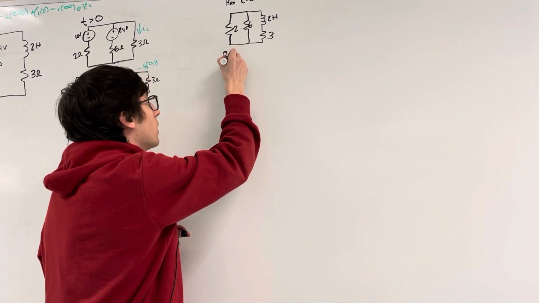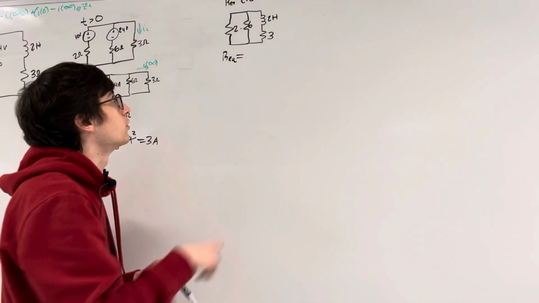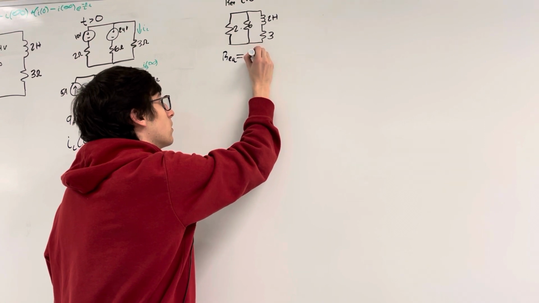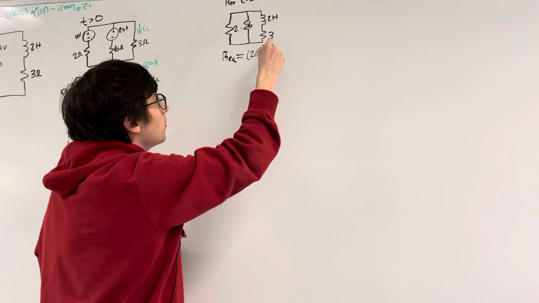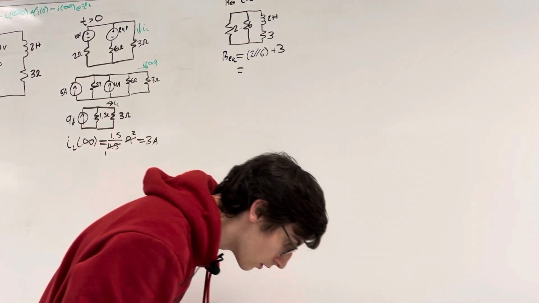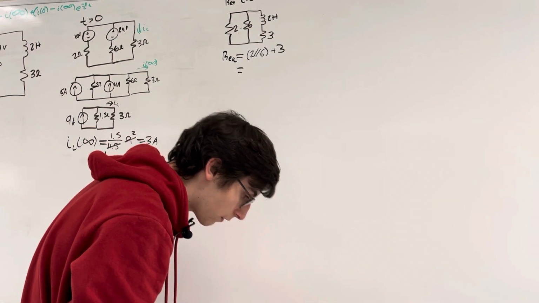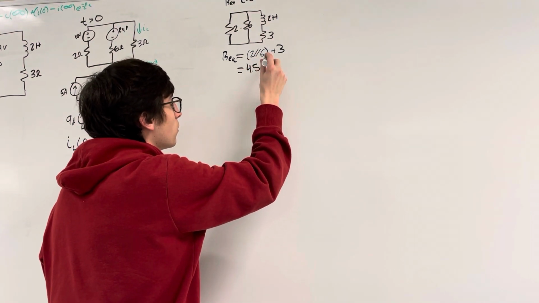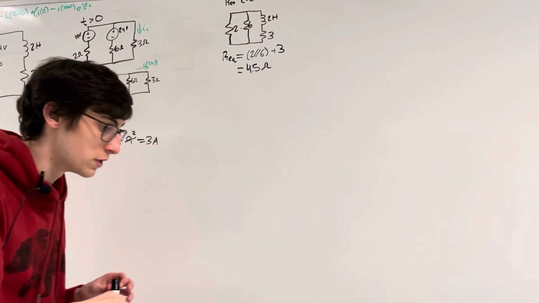So Req, as you can see, is going to be equal to these two resistors, a 2 and a 6 ohm resistor in parallel, plus this 3 ohm resistor in series. And that is all equal to 4.5 ohms.